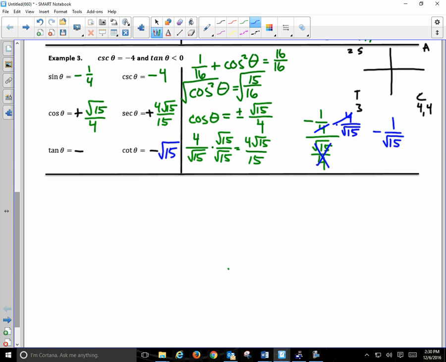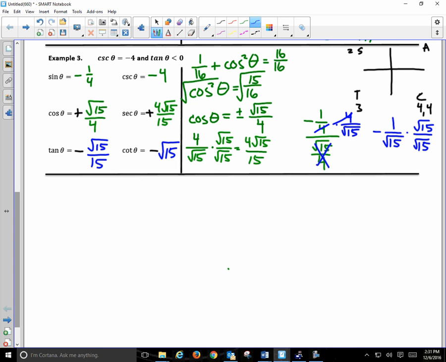Now let's rationalize the denominator. See why I flipped it right away?